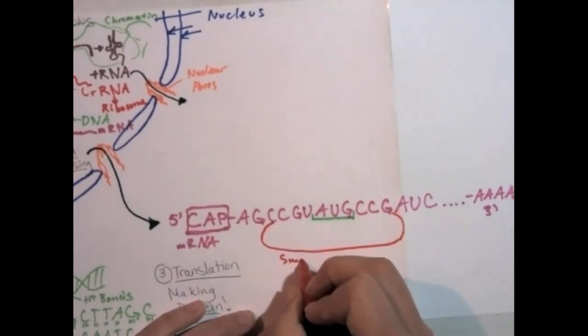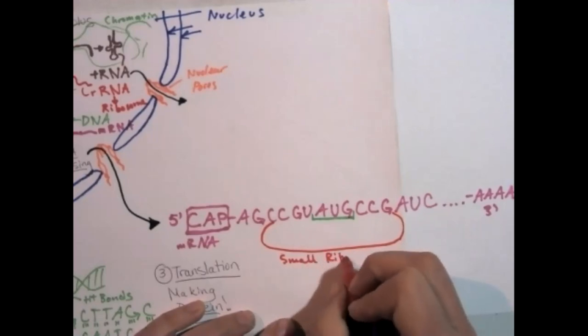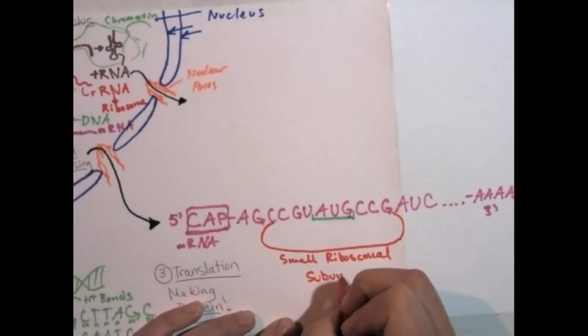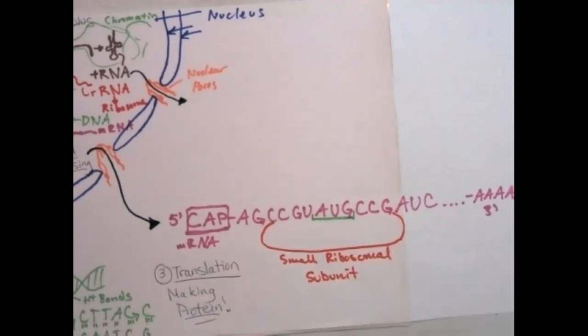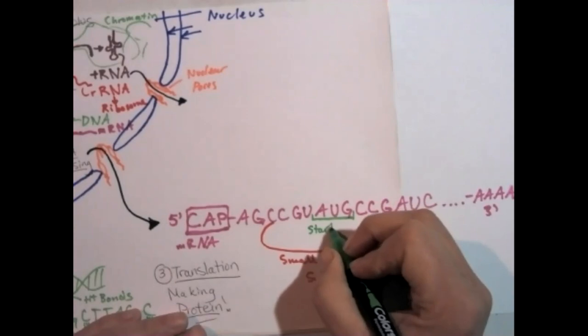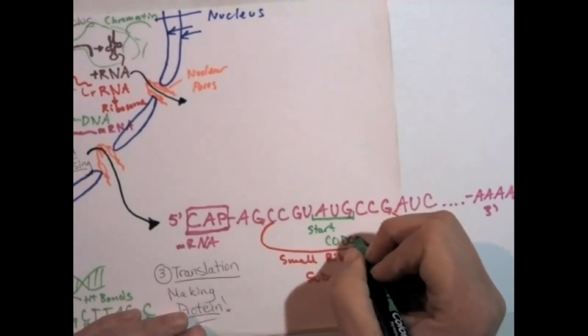The small ribosomal subunit binds to the mRNA, and simultaneously a tRNA with the complementary anticodon. So this is the start codon.